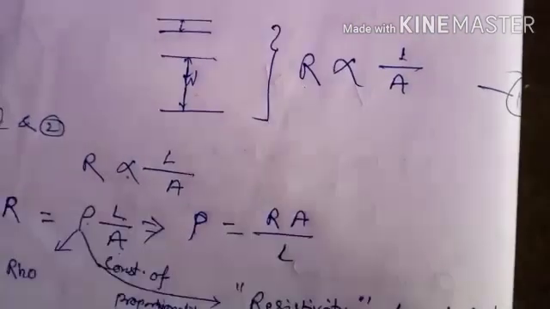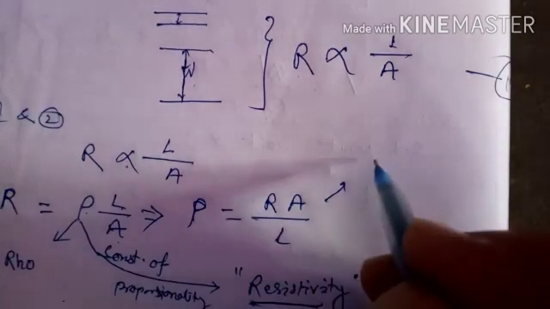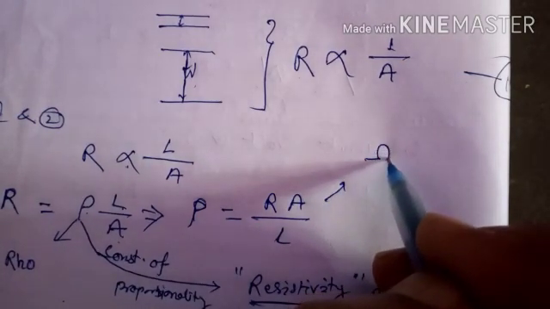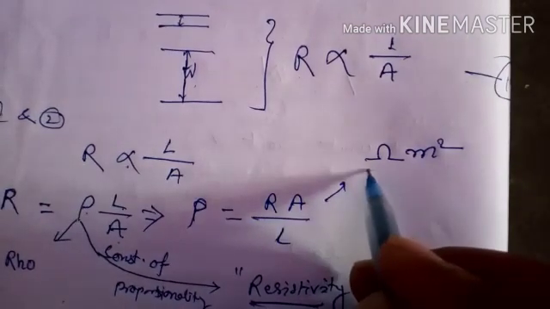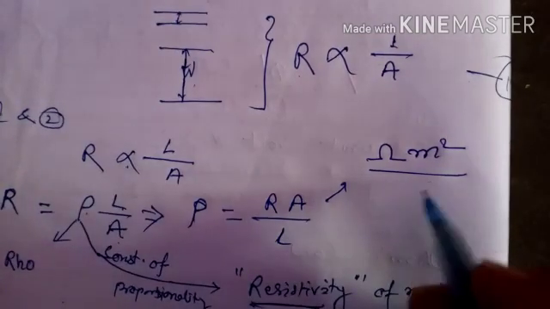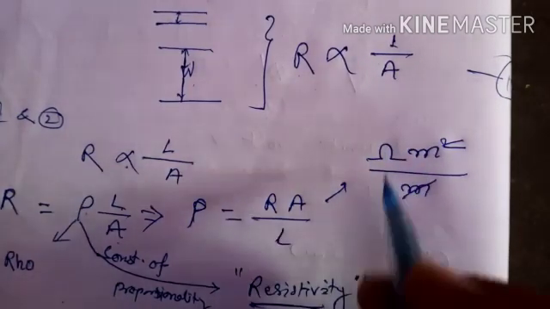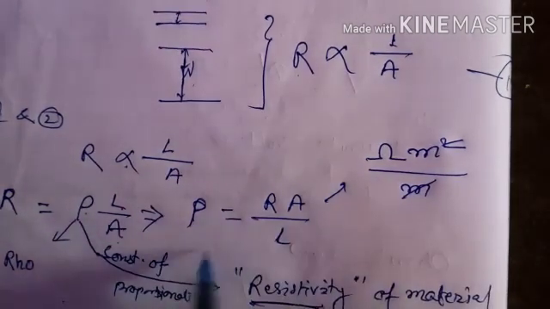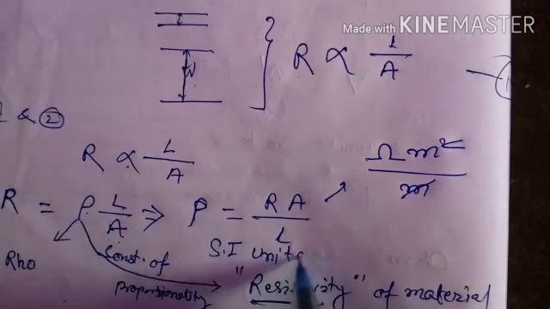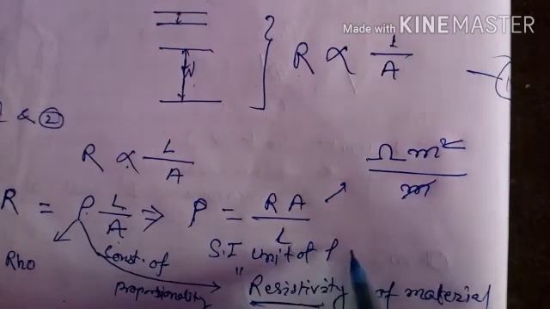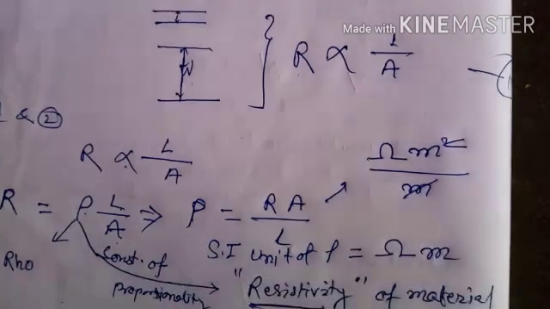See, resistance has unit ohm, area of cross section is meter square, and the unit of L is meter. So if we cancel it out, we will find ohm meter. The SI unit of resistivity is ohm meter.